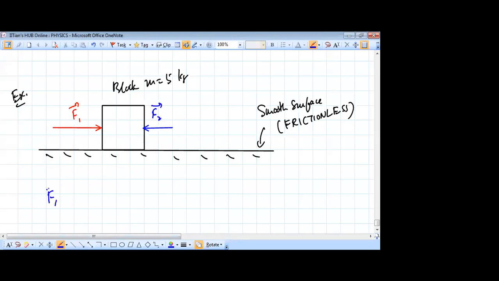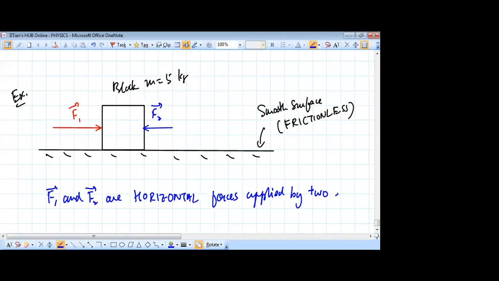So F1 and F2 are horizontal forces, okay, applied by two external agents.